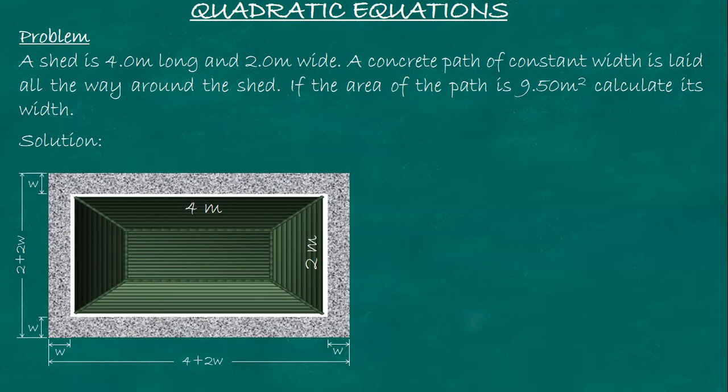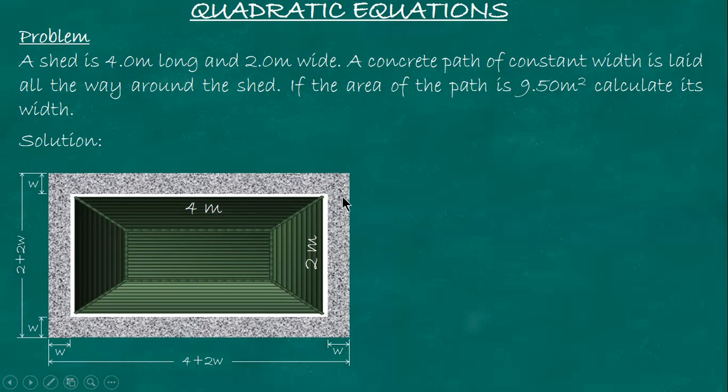Right? Now, the area of the path is 9.5 meters square. So calculate its width, W. Simple.